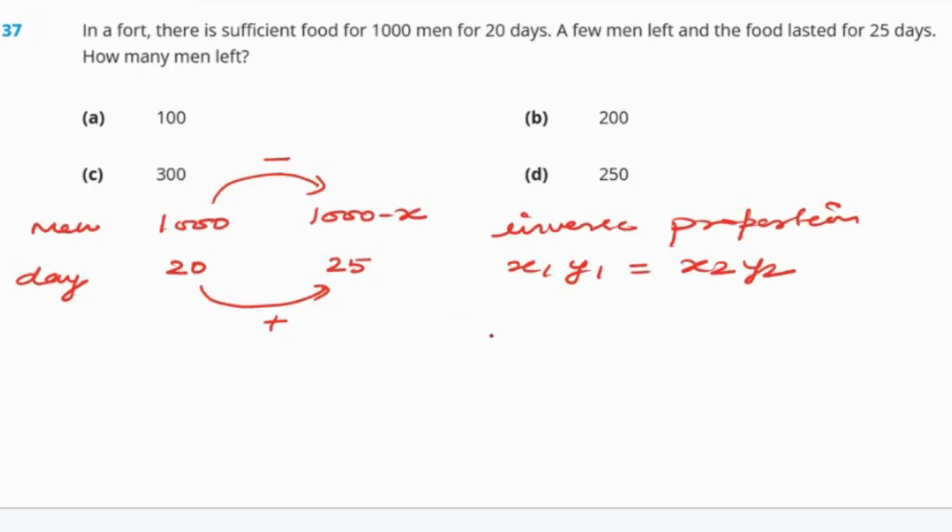So we put it over here: 1,000 times 20 equals (1,000 minus X) times 25. So it equals 1,000 times 20 by 25 equals 1,000 minus X.